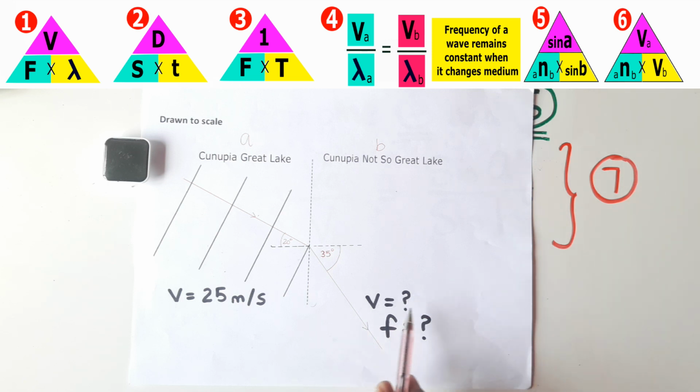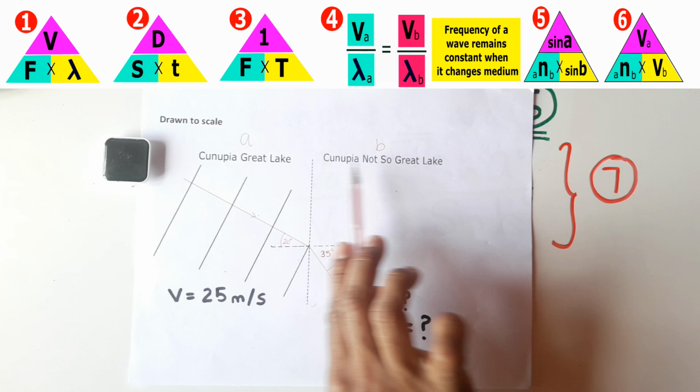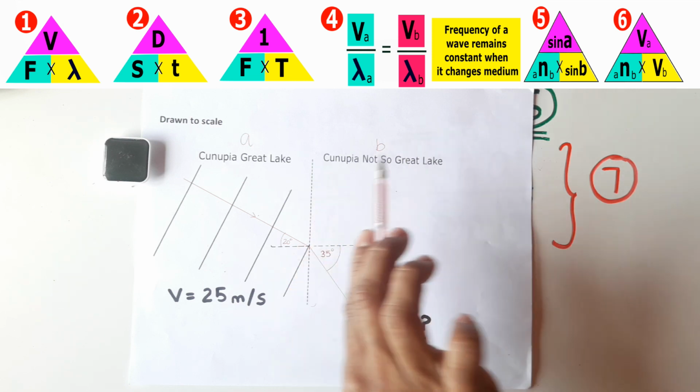And we do not know the velocity. We have two things to find in this question: the velocity in this region and the frequency in this region.